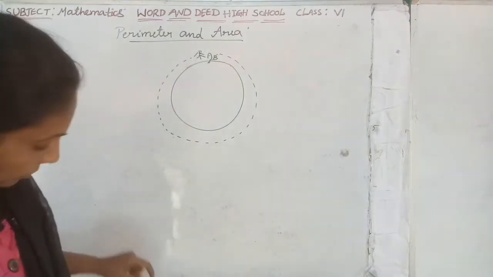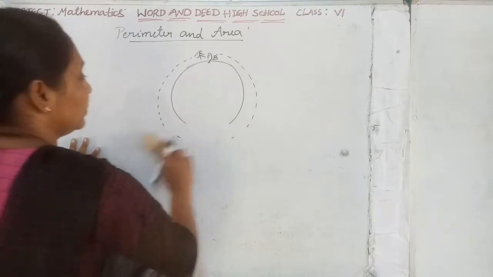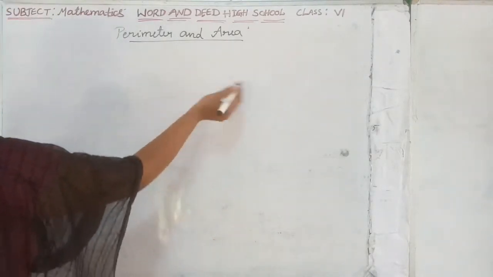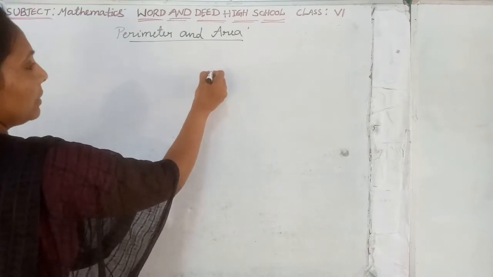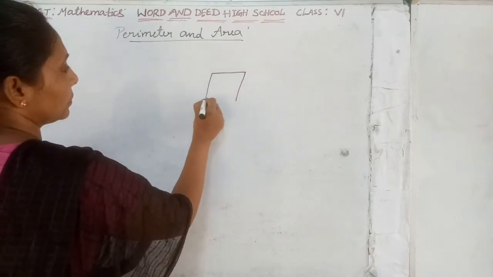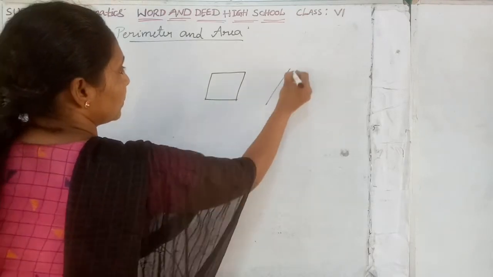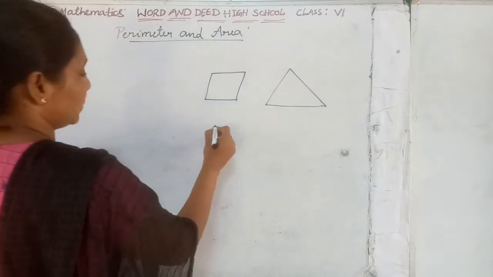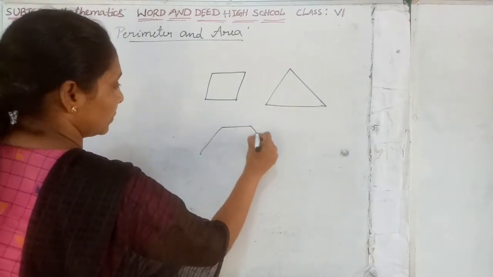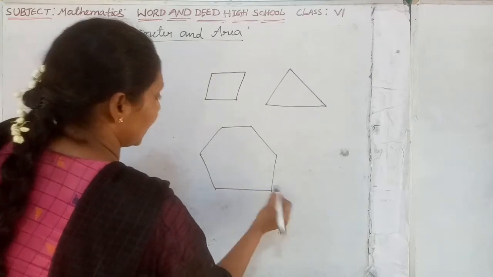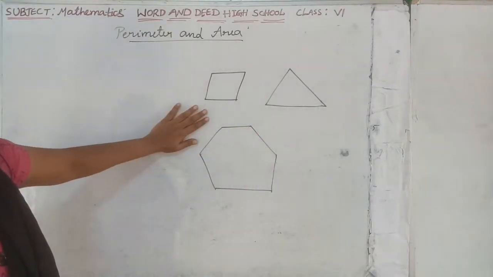Suppose a few figures I am taking, children. Three shapes I have taken here.